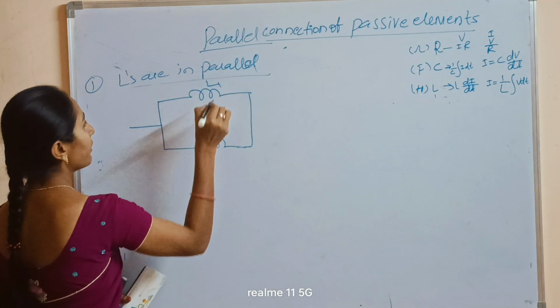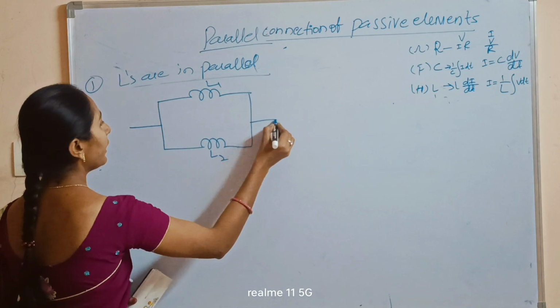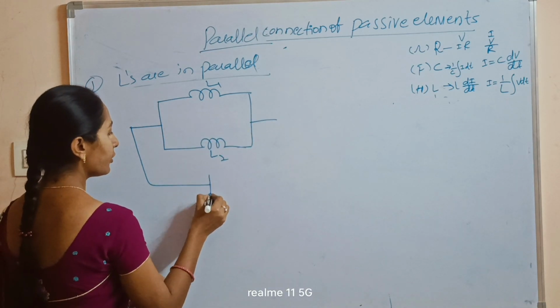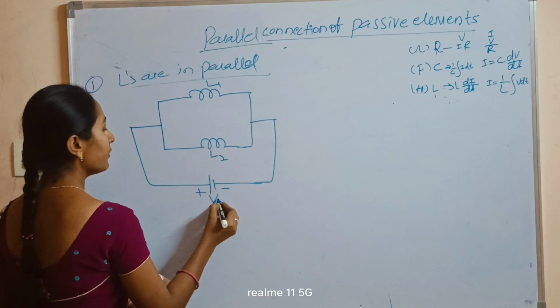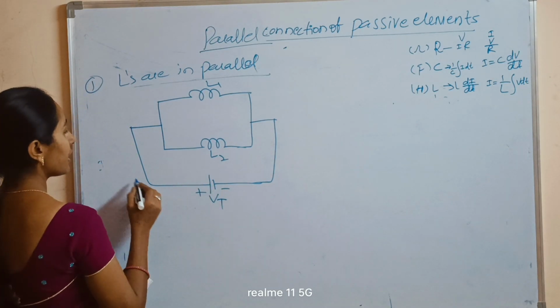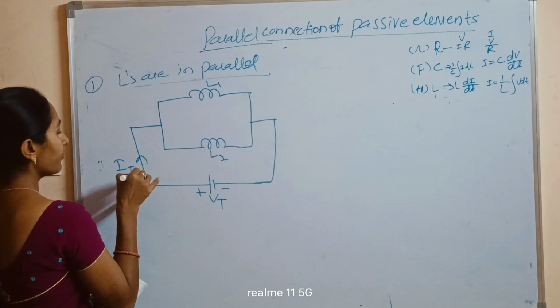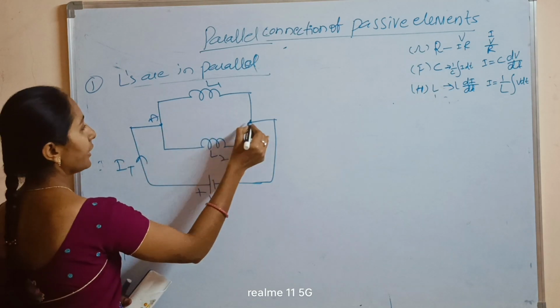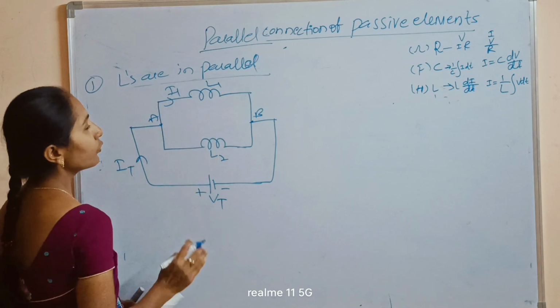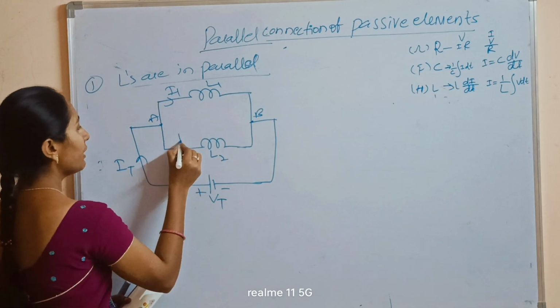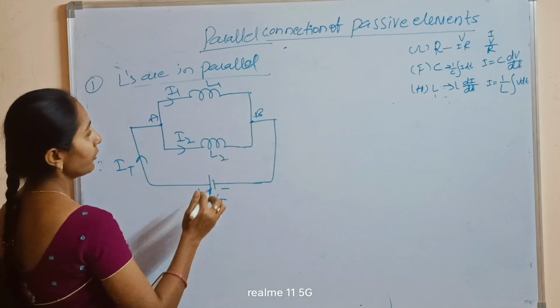Now this is L1, this is L2, again connected to a supply, negative, positive, this is V total. Same current I total, this is point A, this is point B. Here I1 is flowing towards L1, I2 is flowing towards L2.